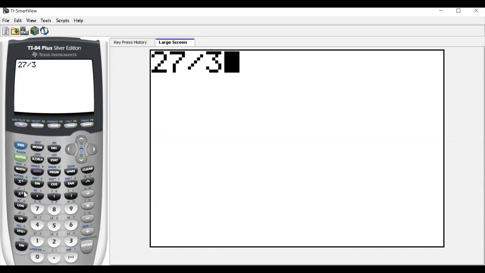This little x to the second power button just stands for squared. And then it's times 2 minus 3. Now if you hit enter, you get your answer of 3, which is the same answer that we got when we were doing it by hand. So that's kind of exciting.